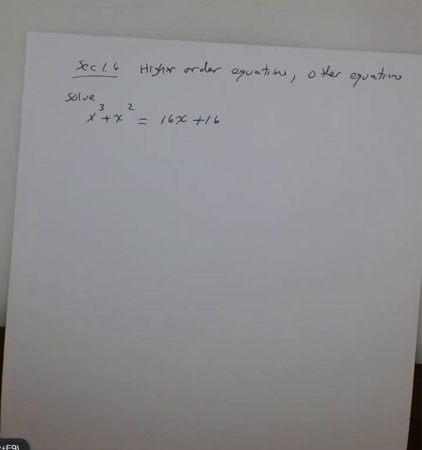One of the reasons it's called higher order here is because the largest exponent is bigger than 2. If the largest exponent was 2, what would the equation be called? Quadratic. Now, we could call this equation cubic, because the largest exponent is 3, but it's in the section called higher order.